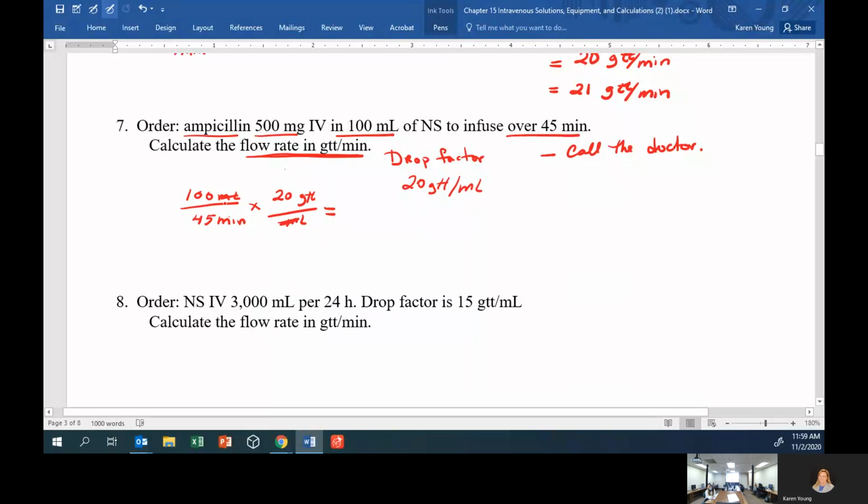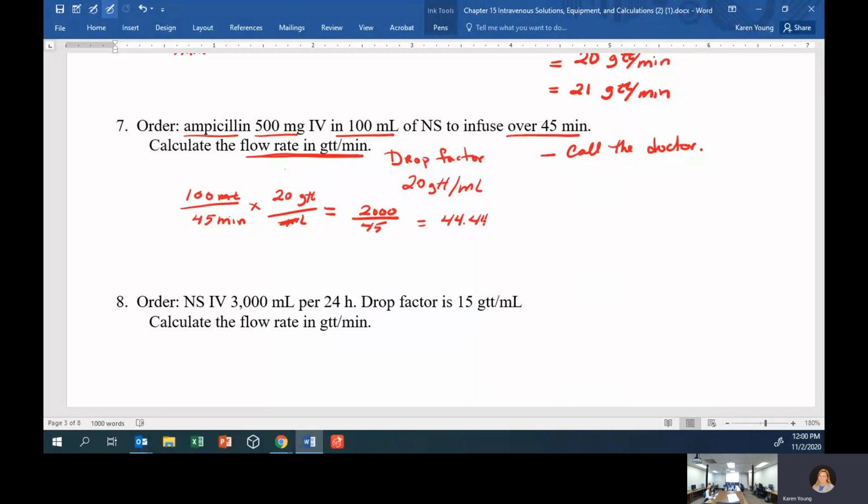So I'm going to multiply 100 times 20 and get 2,000. Divide it by 45, which some of y'all are probably already ahead of me, and I get 44.44 drops per minute.